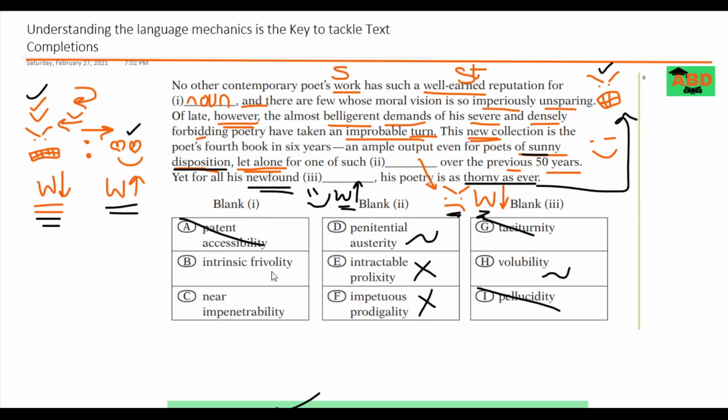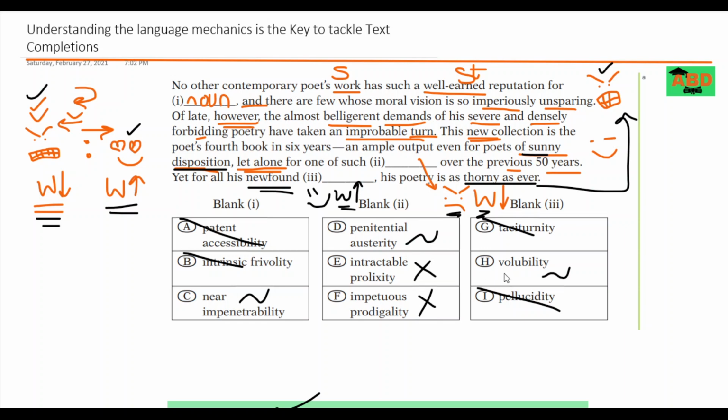Frivolity means something which is not important. It doesn't really make sense even in the context because he earned a well-earned reputation. So this is fully out of the equation. Near impenetrability. If something is impenetrable, it is concrete. It is dense. It is severe. That kind of thing.